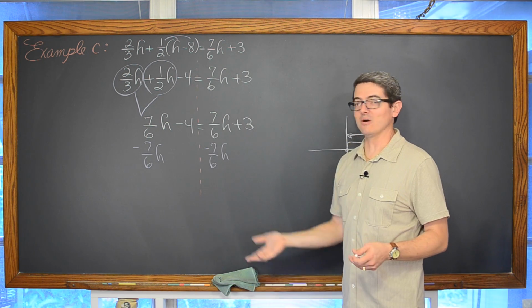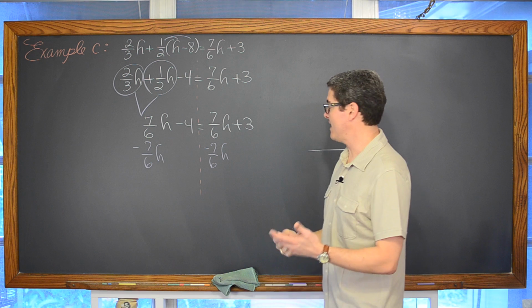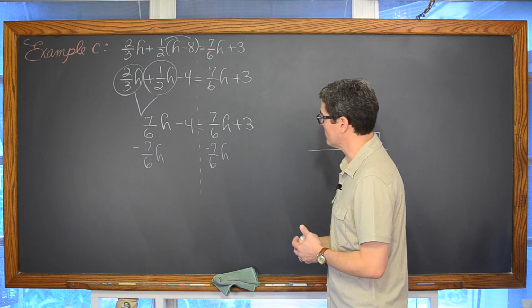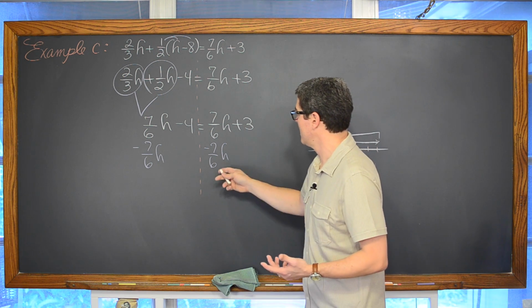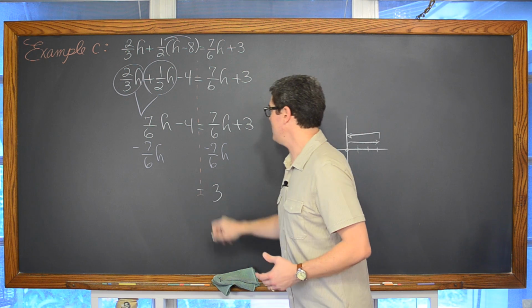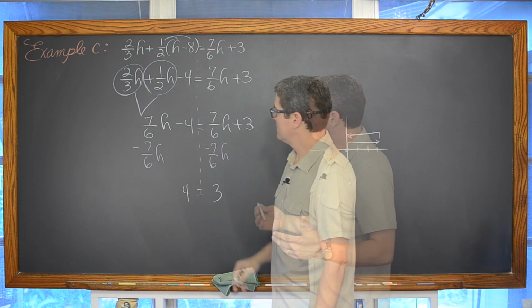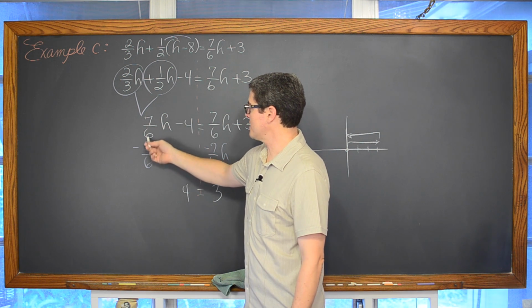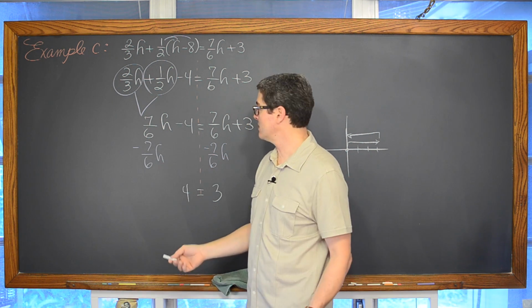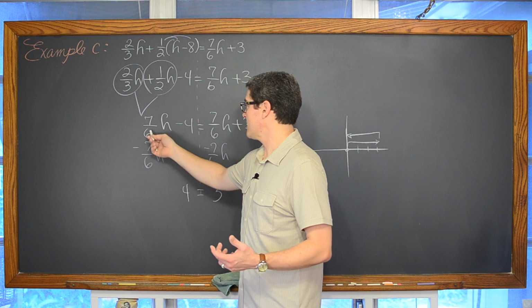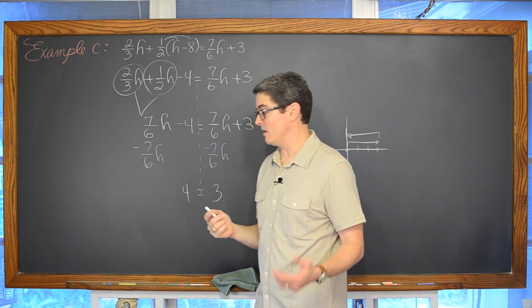This answer is going to be 0. Any number subtracted by itself, or anytime you add opposite numbers, you're going to get a value of 0. So this is going to be 3 equals, we have a 4 coming down, and well, 7 over 6 minus 7 over 6 is 0. Or we have like denominators, so 7 minus 7 is 0.